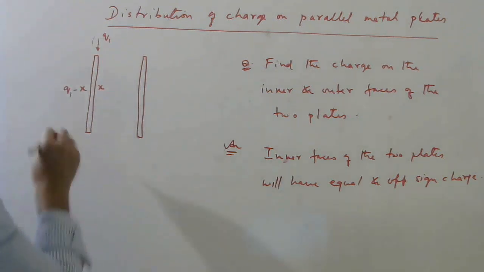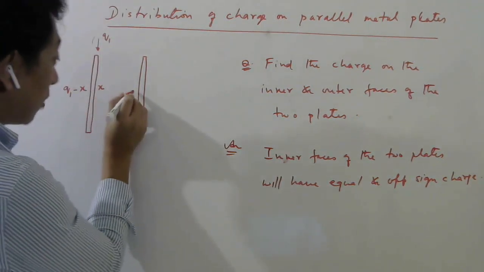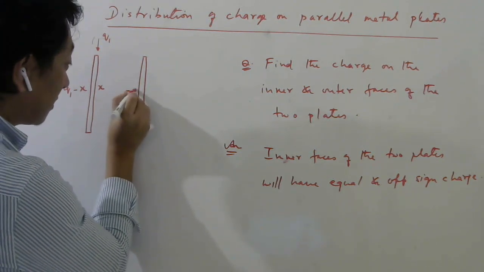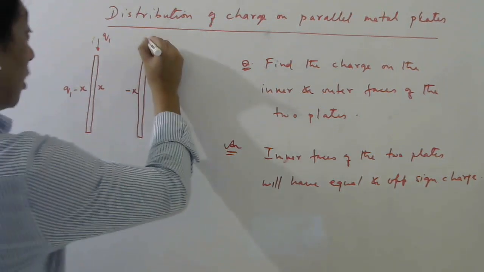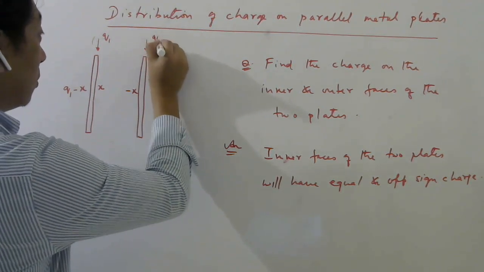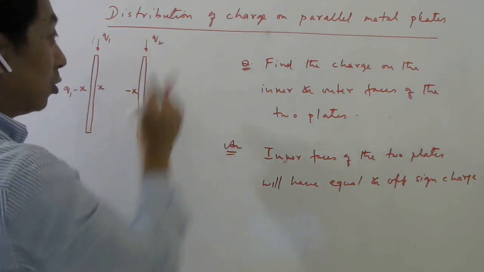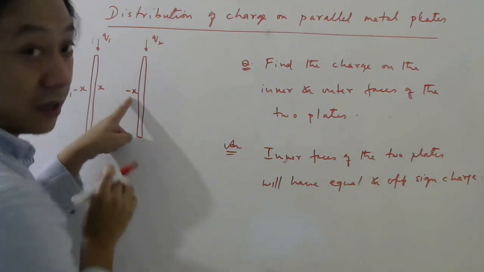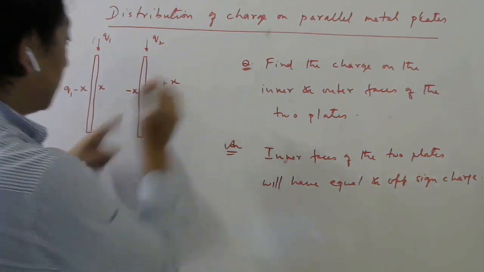Understood? Now just because of whatever I explained now, here if this is x, what should be the charge of this, minus x. Inner faces should have equal and opposite. Here how much charge was given, q2. This is also isolated, so total charge of this also should be q2. So if this is minus x, this will be how much, q2 plus x.